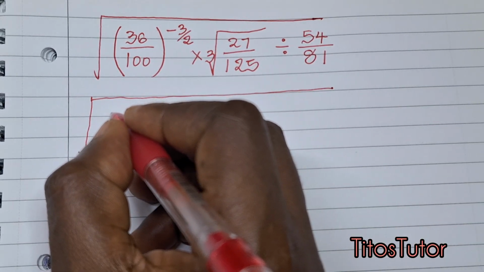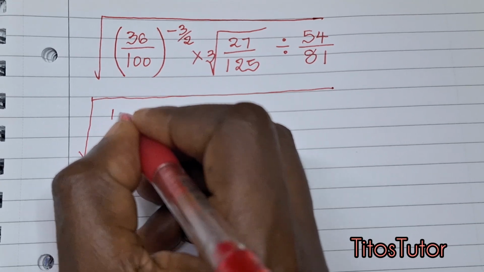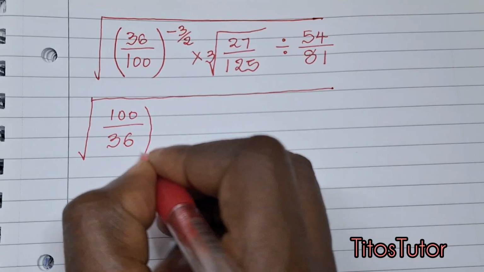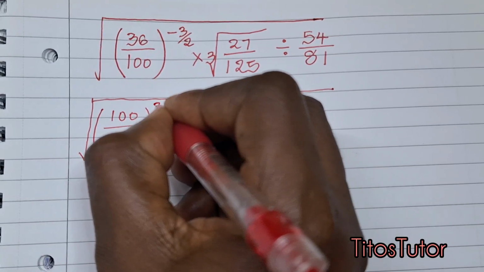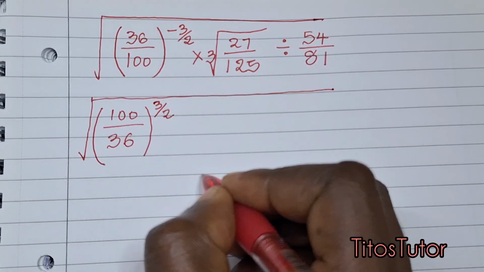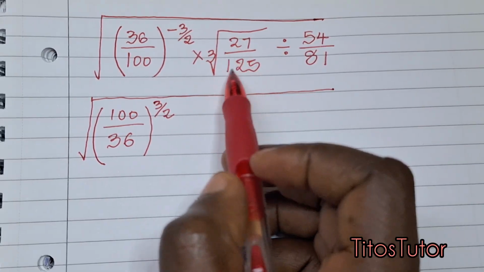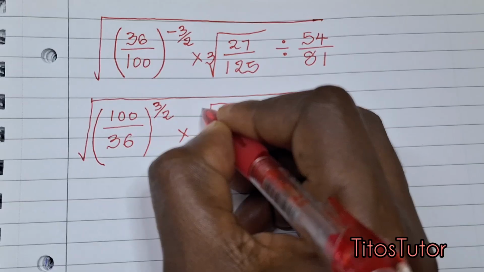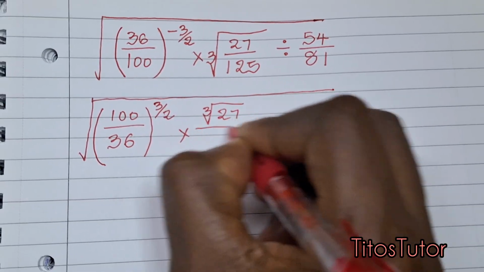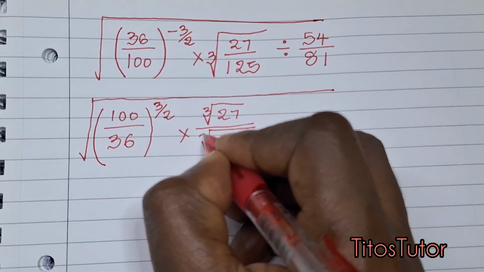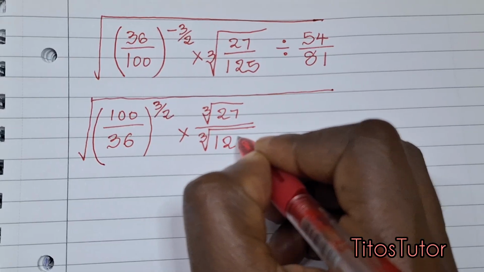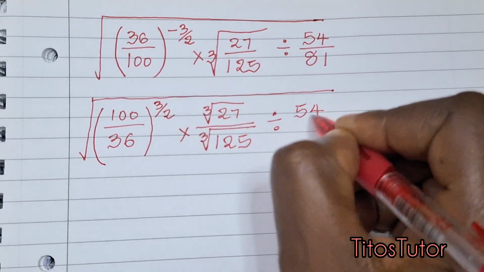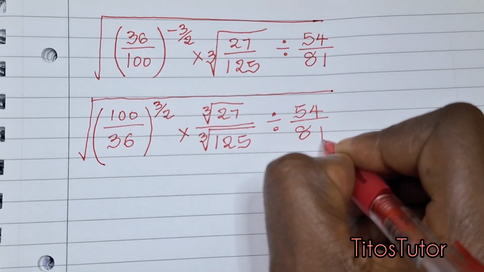The reciprocal of 36 over 100 is 100 over 36. Then your negative sign in your indices disappears. Then you can split this. You can say it is the cube root of 27 all over the cube root of 125. This divide by 54 over 81.